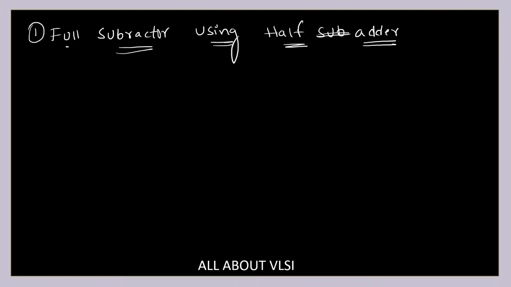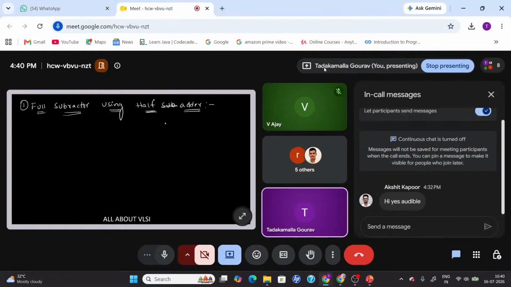This is a question. Take your time. You can take 2 minutes. Can anyone tell me how many total half adders I need to implement a full subtractor using half adders? Take your time and please let me know. What do you think? How many half adders do I need for this particular implementation?